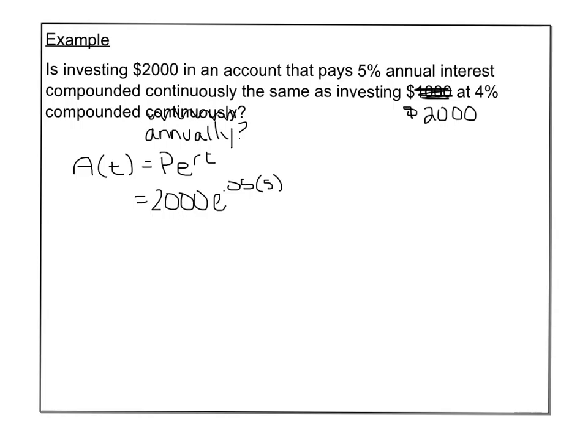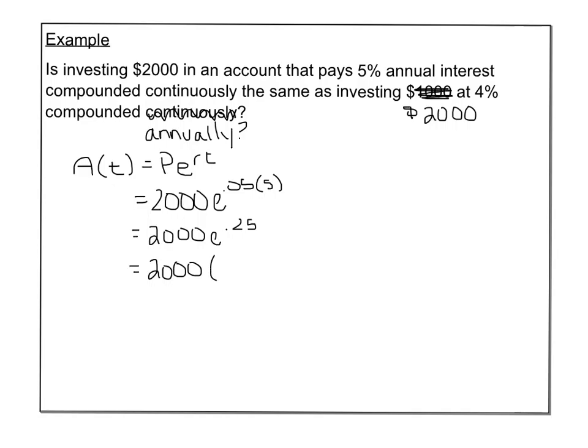It doesn't matter what it is, just as long as both of the times are the same. So I multiply that 0.05 times 5. So the exponent is 0.25. Then I do E to that exponent. So again, E is a number. It's about equal to 2.71.